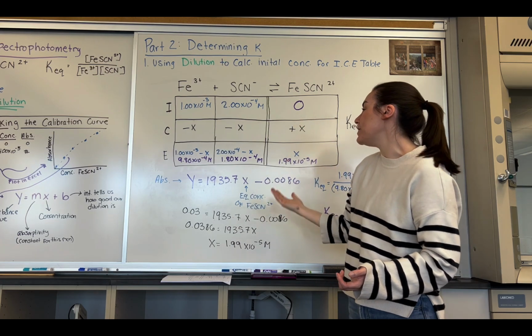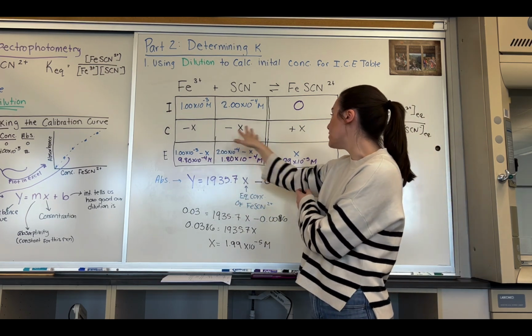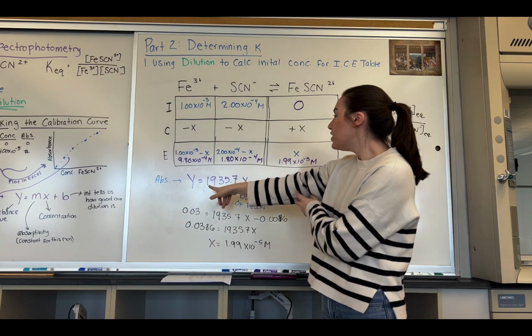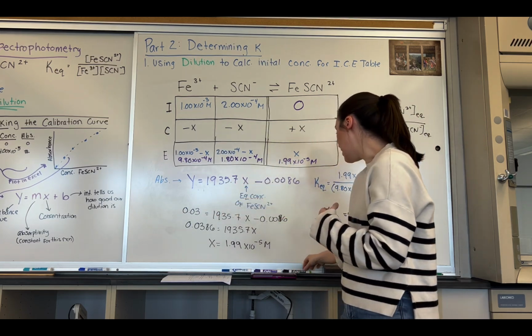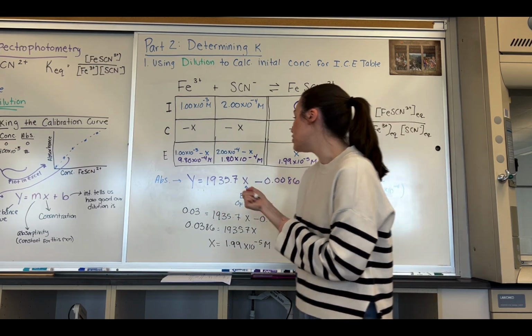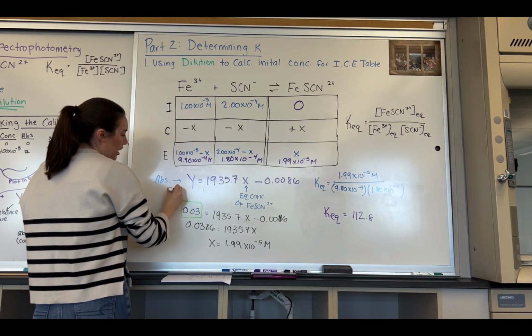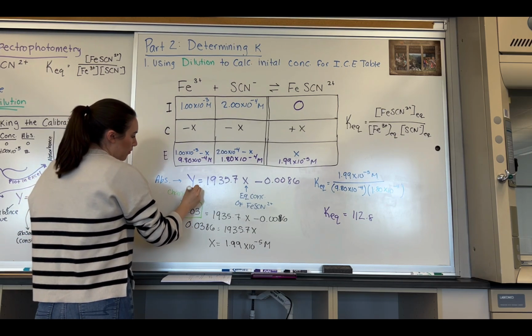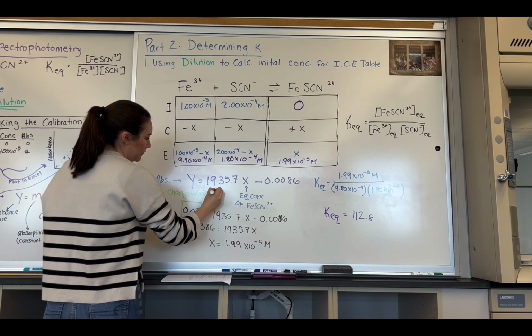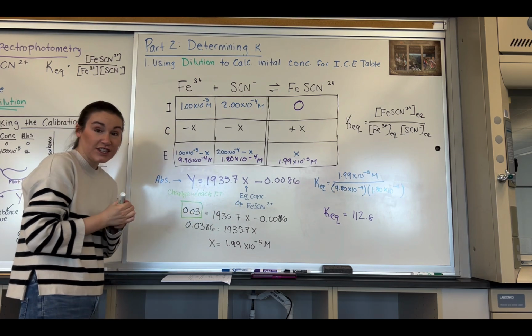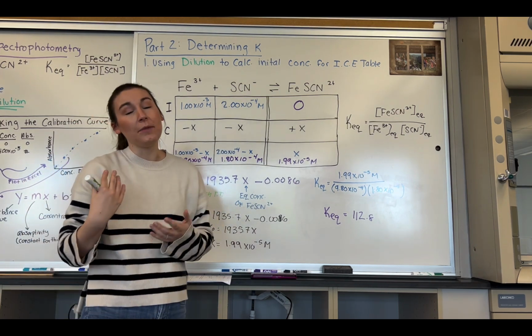When I go to solve for my X here, the only thing that's changing in our y equals mx plus b equation is going to be the absorbance. So this will change with each test tube. So that'll be each test tube's absorbance from that portion.